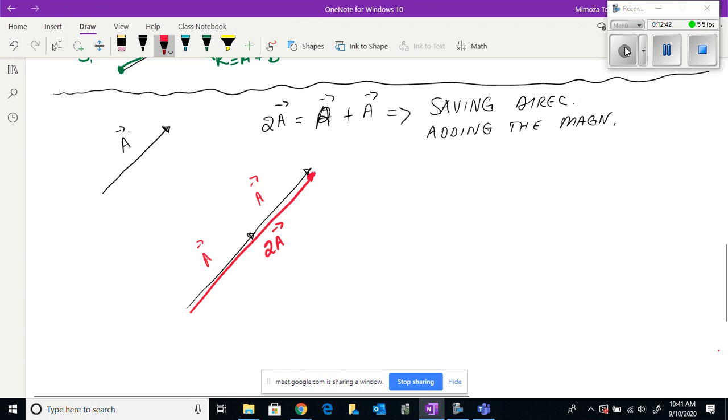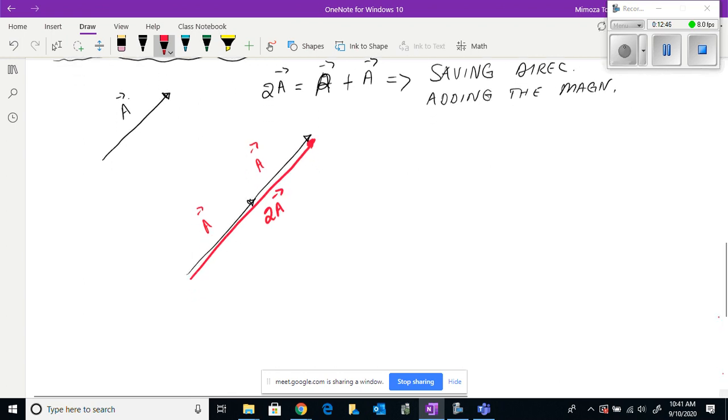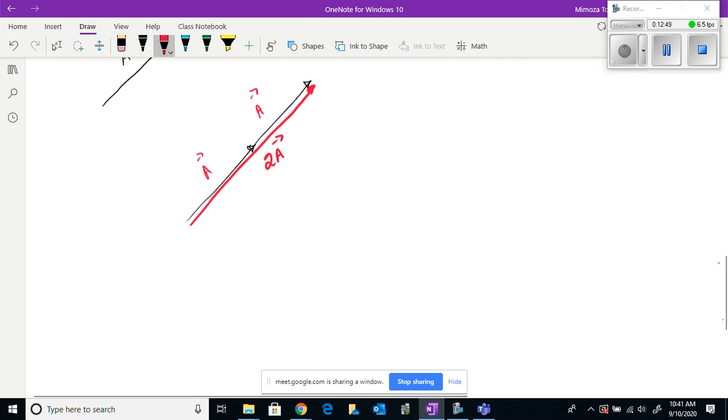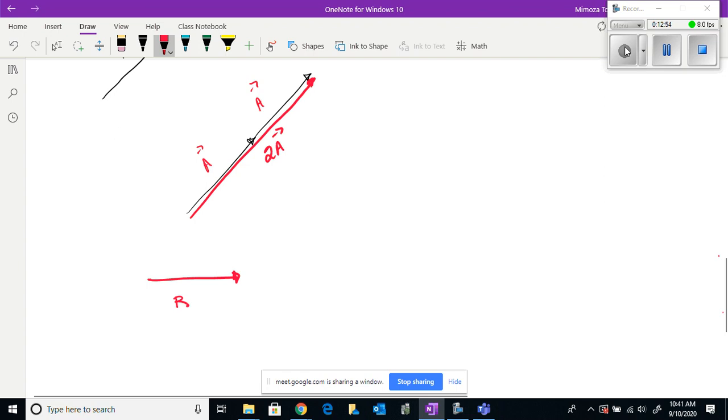If we have a vector B that is on this way, what is 1 over 2B? Again, when we have a positive coefficient that is multiplied by the vector, the effect is only on the magnitude, not on the direction.